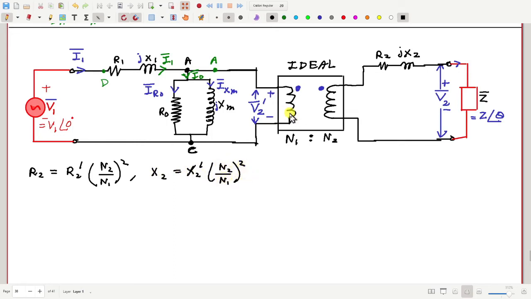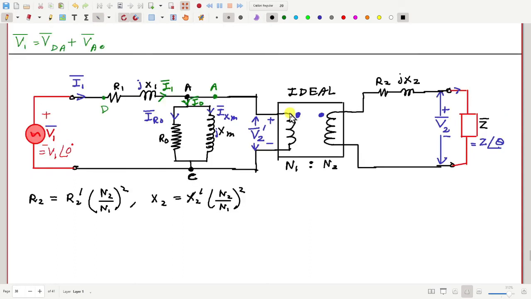Then this diagram is also equivalent to the previous circuit. Now let us draw the phasor diagram for this equivalent circuit.